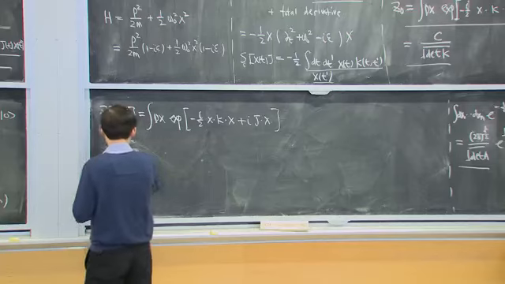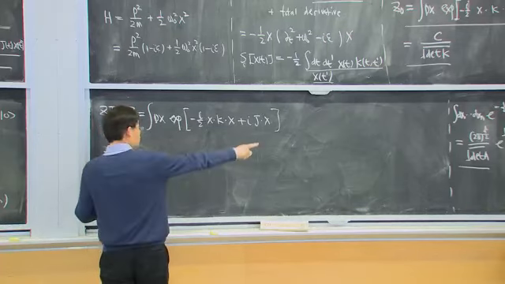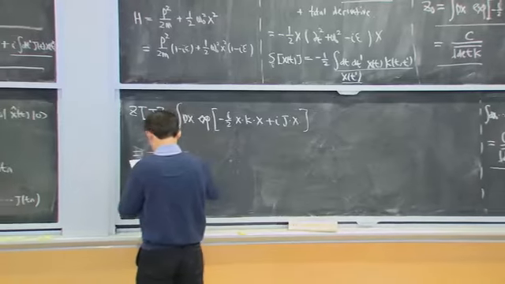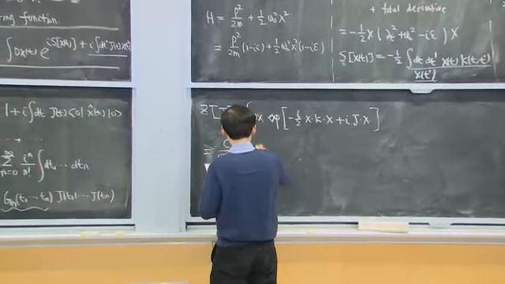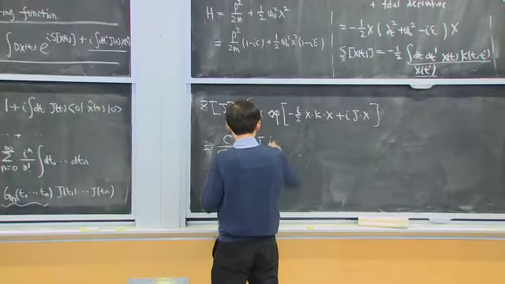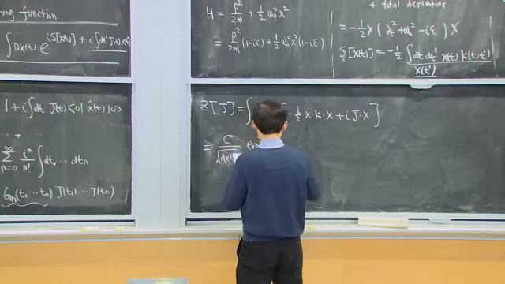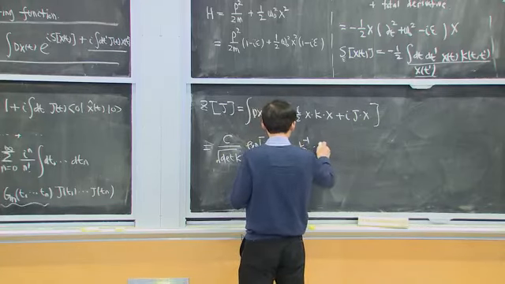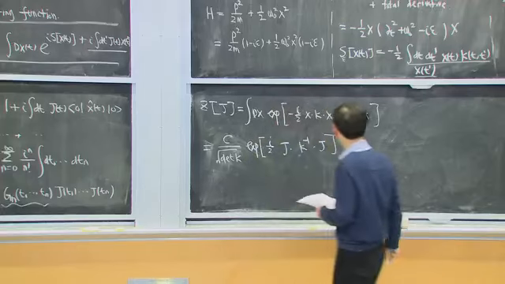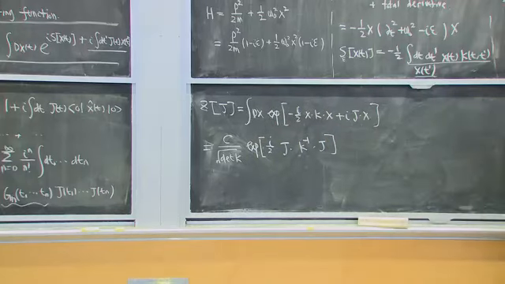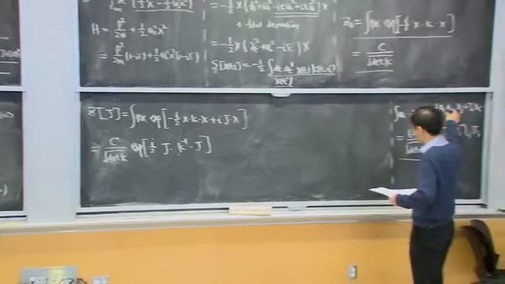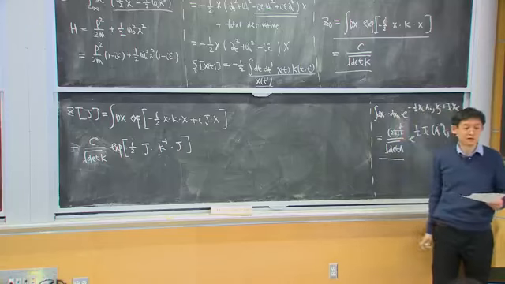We have the same C and the same determinant K. Then, according to the rule, up to the i that you have to put in, we get 1/2 i, then J K inverse J. You take the inverse of A, so here we get that.